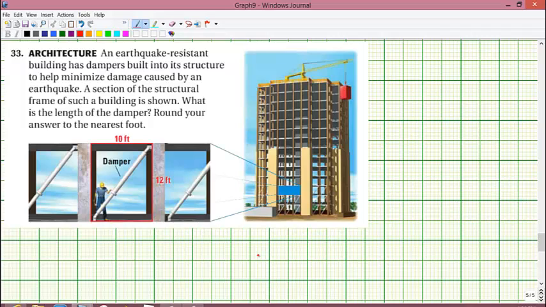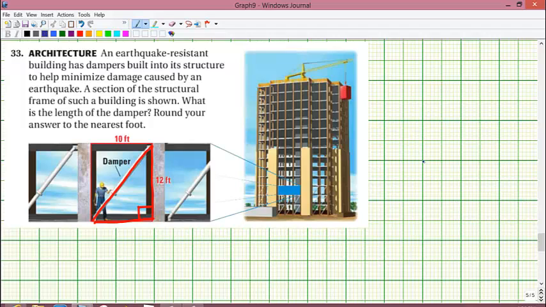Round your answer to the nearest foot. And you can see that the shape created by this support structure gives us a right triangle. The implication is that there is a right angle here. So if we apply this to Pythagoras, let's just sketch what we've got.